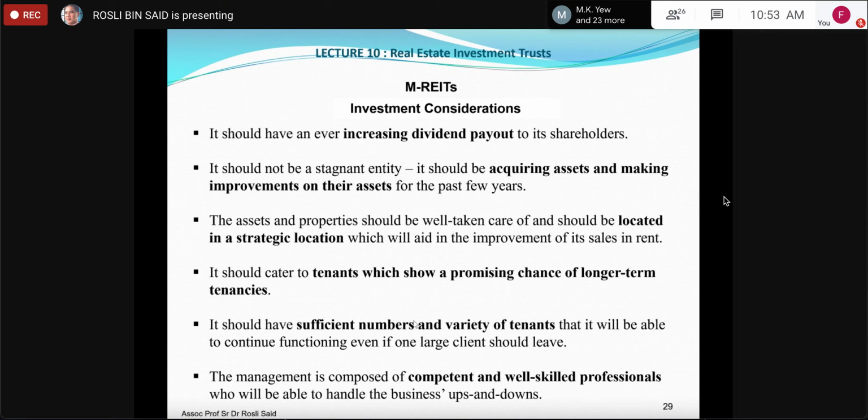Either the investors come from EPF, for example, if we talk about Malaysian REIT, and KWAP, Kumpulan Wang Amanah Pekerja, and some other big corporations that invest in it. That means that is a secure company to be invested in, apart from the board of directors I mentioned just now.